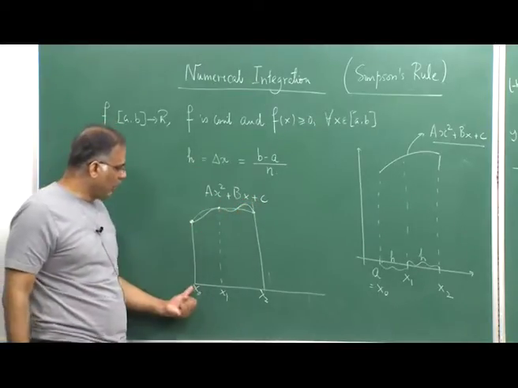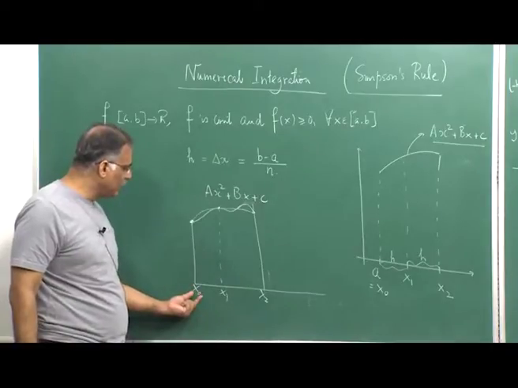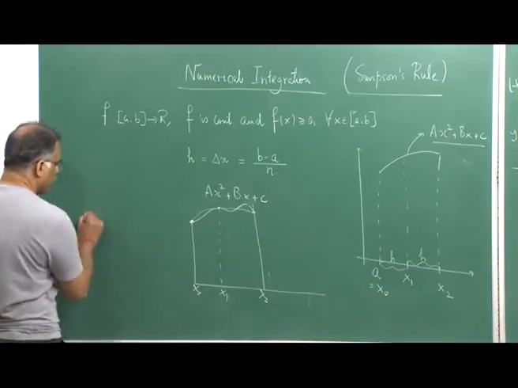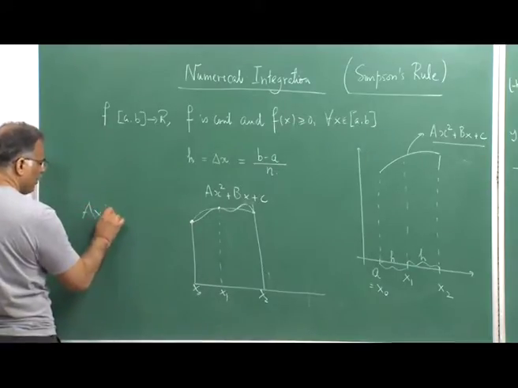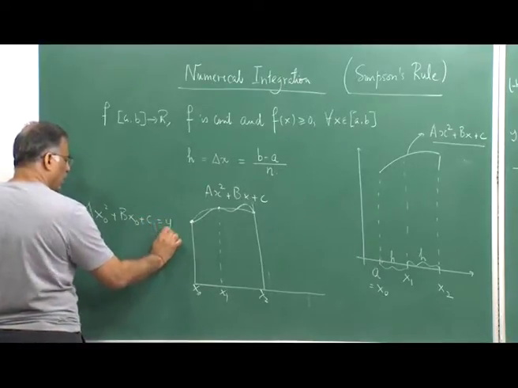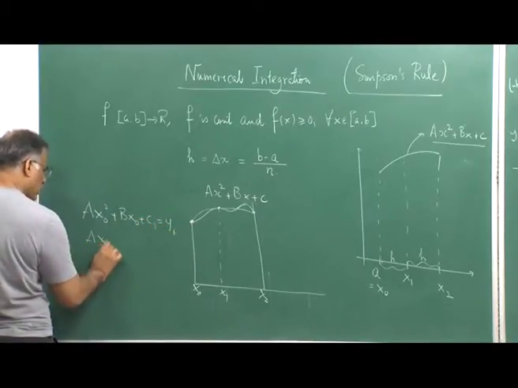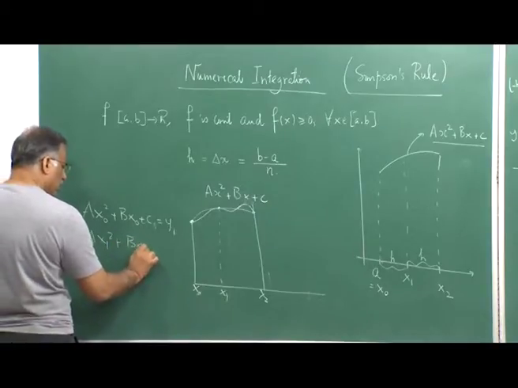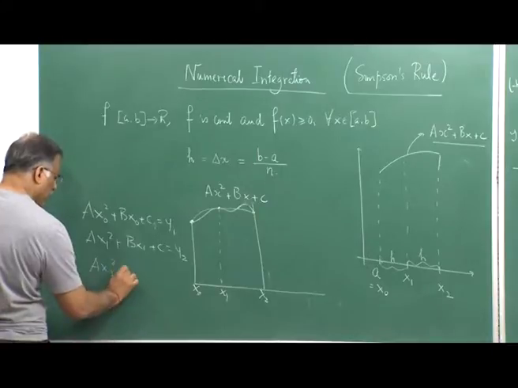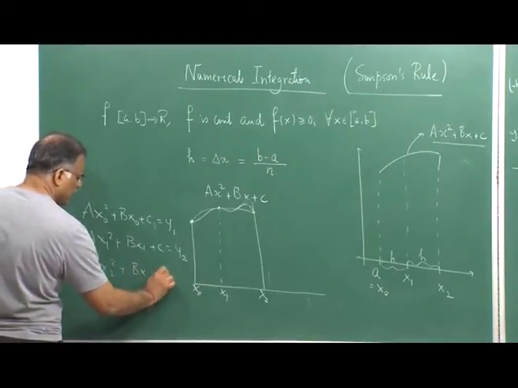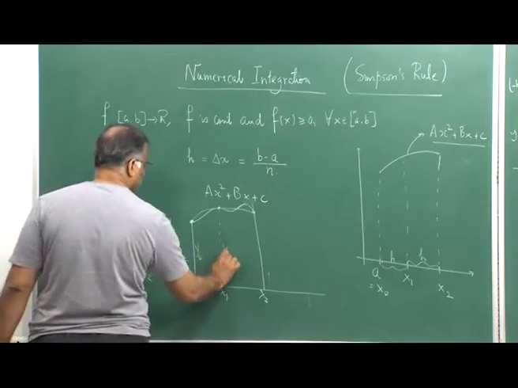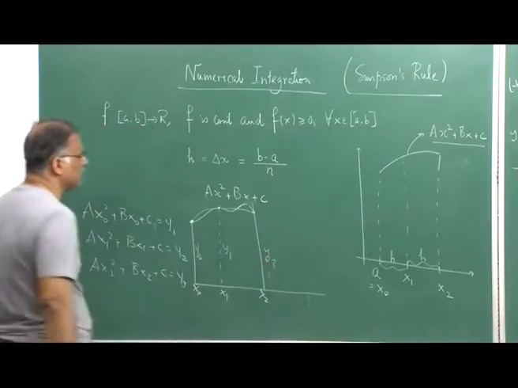So, ax0 square plus bx0 plus c is equal to y1, while ax1 square plus bx1 plus c is equal to y2, plus ax2 square plus bx2 plus c is equal to y3. So, that is the requirement that Simpson imposes.